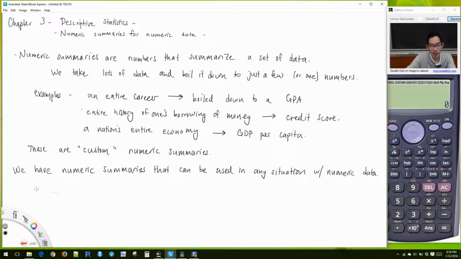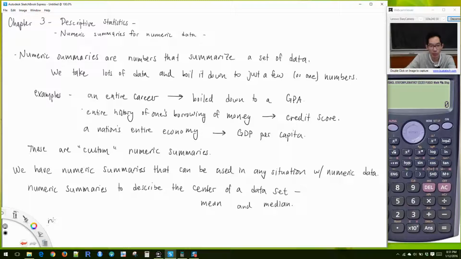And we can kind of classify these into two groups. We have numeric summaries to describe the center of a data set, and these would be the mean and median.